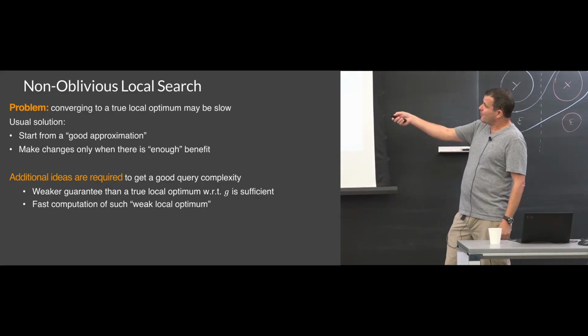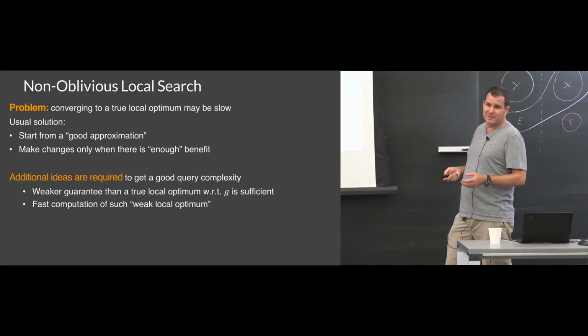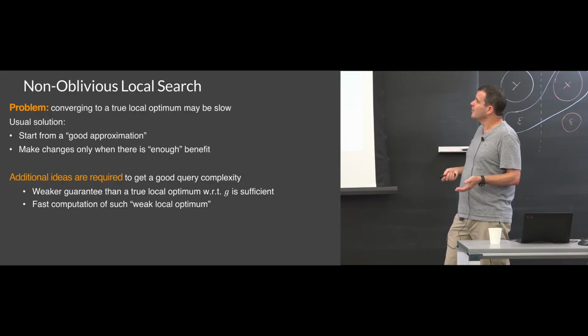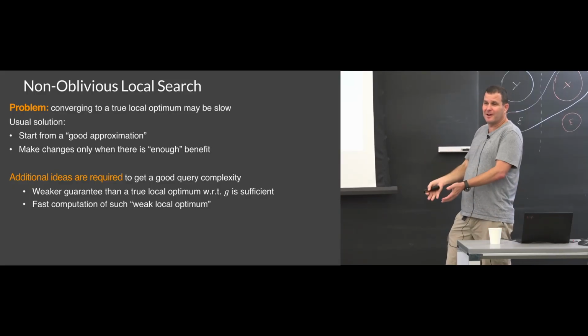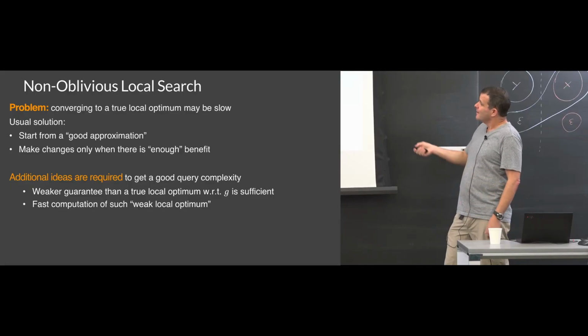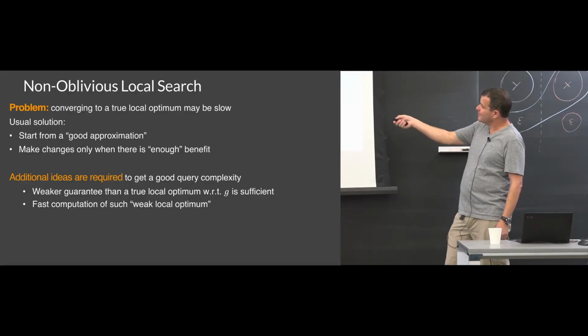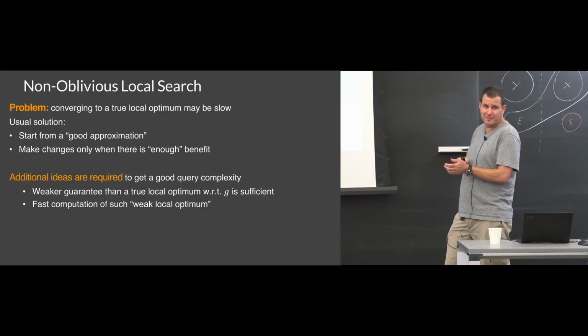The problem with all local search is that they don't converge too quickly, so they may have a non-polynomial running time. And you should use here the usual solution: start from a good approximation and also make changes only as long as there is enough benefit. These are standard solutions in local search.